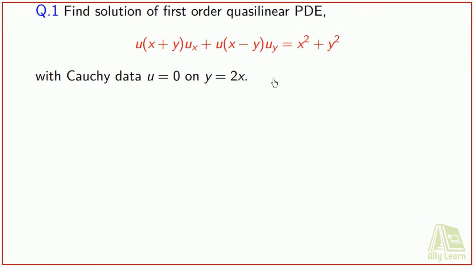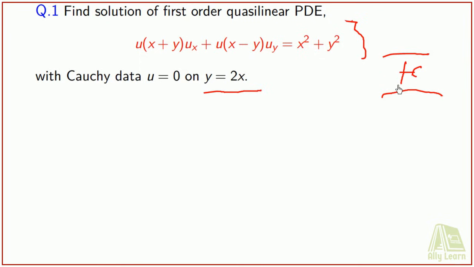So friends, what we have to do, we have to find a solution surface of this quasi-linear PDE containing the curve y equal to 2x, and value of the function is 0 on that curve. Okay, it's like suppose I have to find the solution surface containing this curve C, and this C curve is y equal to 2x, and on this curve the value of u equals 0.